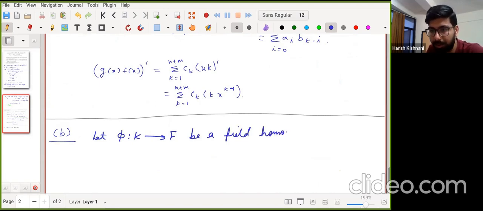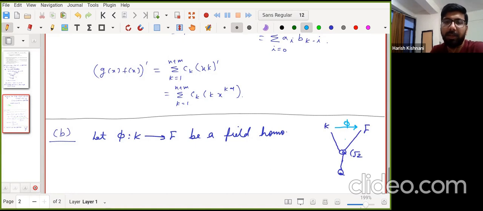So what's the situation? Q has the field extension Q(root 2), and there you have two field extensions K and F, and you are defining a map phi between these.